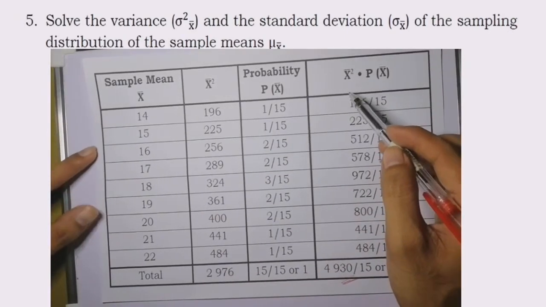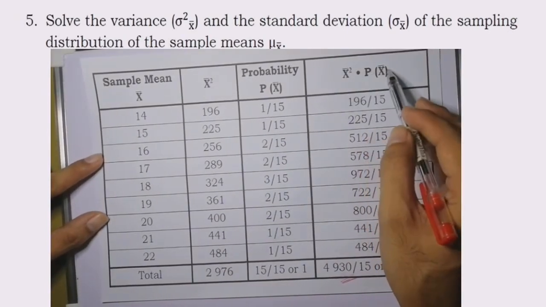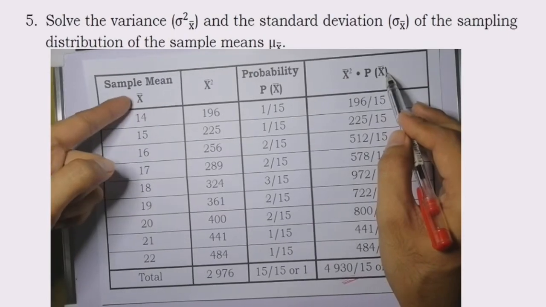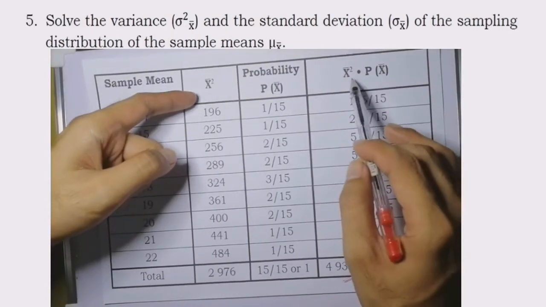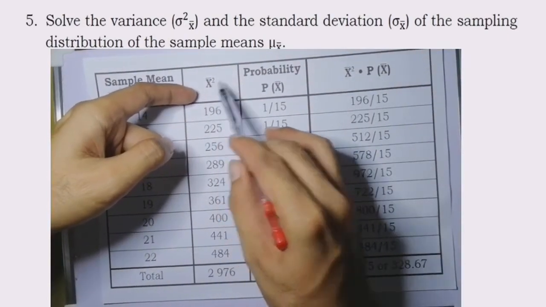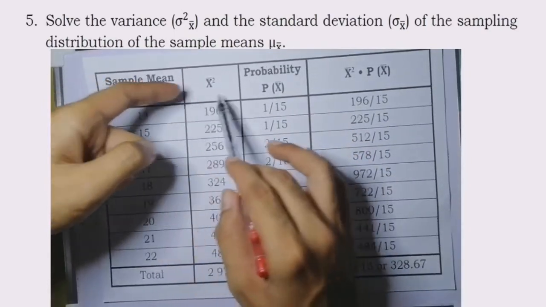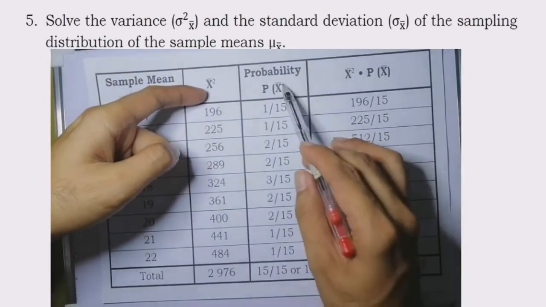In the last column, which is x squared times p of x, we take the square of the sample mean and multiply it by its probability.